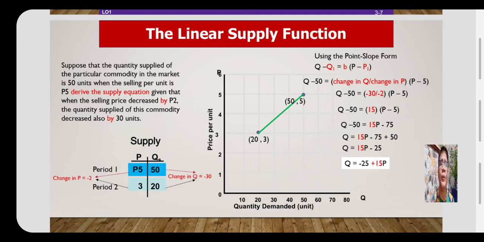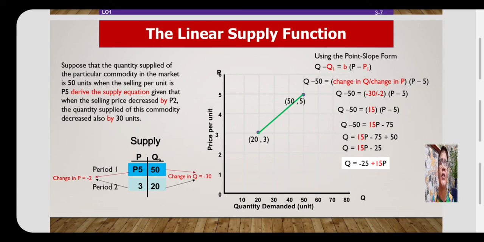The quantity, according to the problem, was 50 and it decreased by 30, so that 50, when it decreased by 30, will become 20. So the paired value in the first period is 50 and 5, and the first paired value in the second period now is 20 and 3.